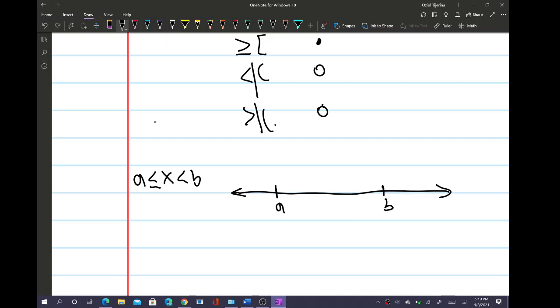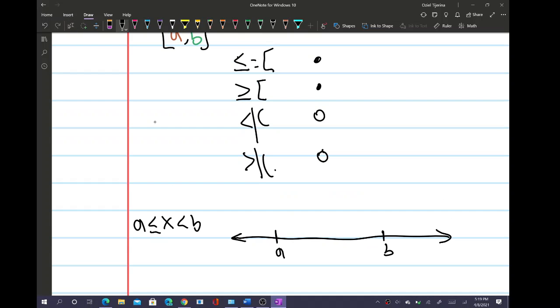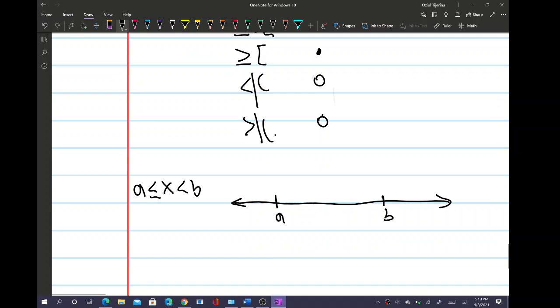Now you say, okay, A is less than or equal to X. What do you use? Do you use a dot, or do you use a circle? It's going to be a dot, a closed dot, right?